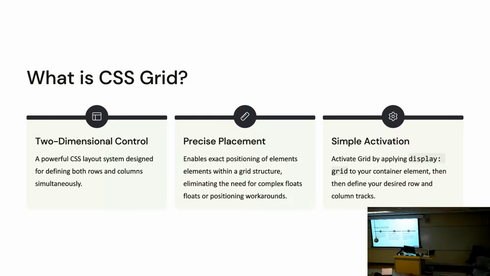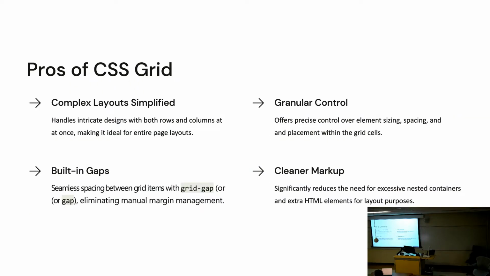Precise placement, like I said, you can get really precise with how we can do a grid. And it's pretty simple to activate, the same way as we did Flex, we'll do Grid. Some pros: you can get really complex with it, and I'll show you an example of how complex we can do it.